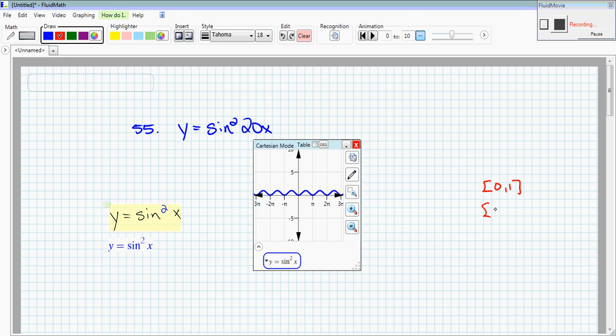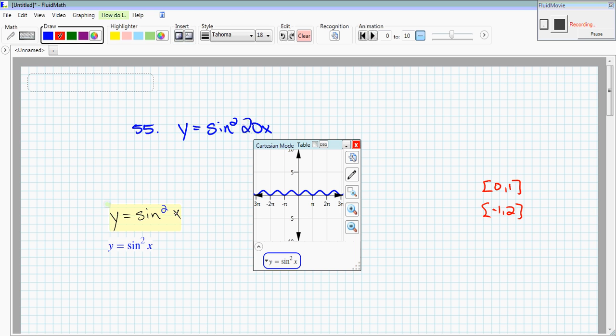You could go negative 1 to 2, just to give you maybe a little bit bigger window. You could actually see the max and min values here, but either one of those would be okay. I'd probably go 0 to 1 on a graphing calculator, maybe negative 1 to 2, but any of those are okay. It's going to give you a very good idea of what this curve looks like.